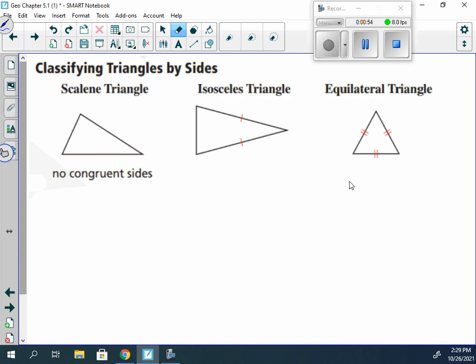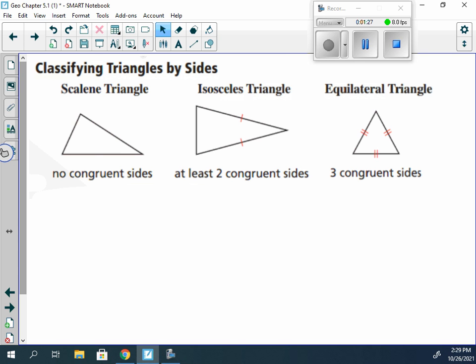If it's an isosceles triangle, it has at least two congruent sides. An equilateral would be all congruent sides, three congruent sides. If no sides are congruent, it is considered to be scalene. If two sides are congruent, it's isosceles. And if three sides are congruent, it is equilateral.